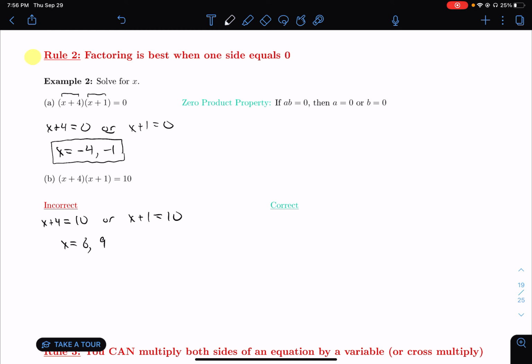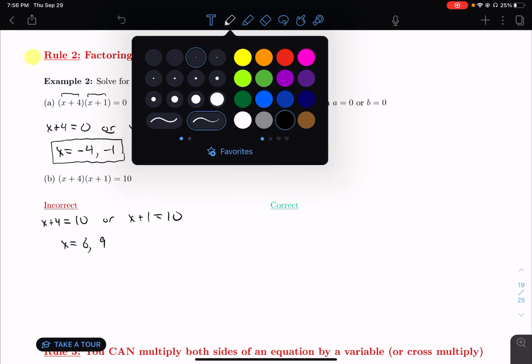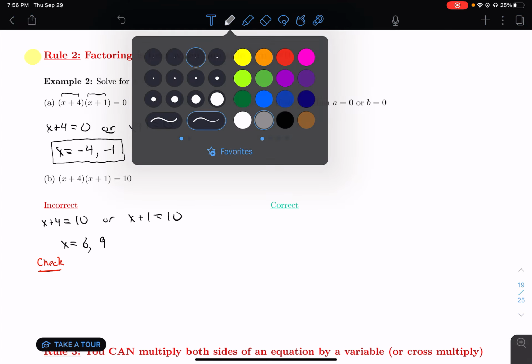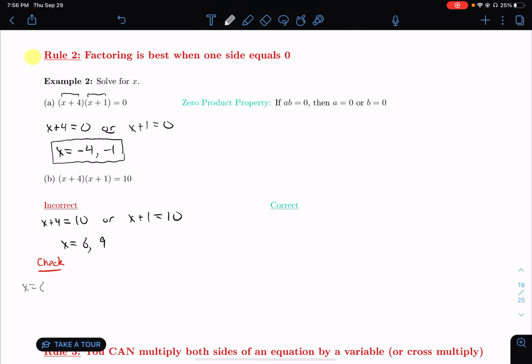Okay, so do these work? Let's check these answers. I'm going to check x equals 6. Let's plug it back into the equation. That'll give us (6 + 4)(6 + 1), and I want to know if that equals, so I'll put a question mark above the equal sign, 10.